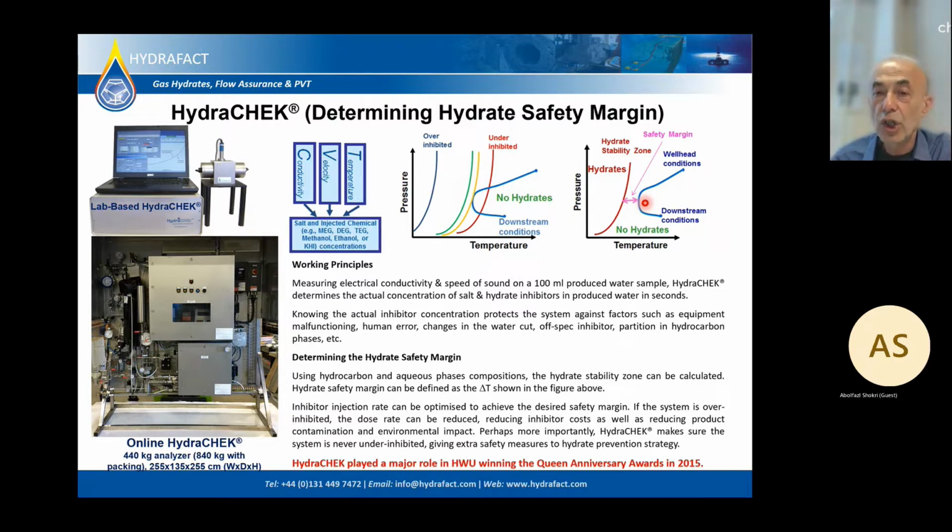Then we can adjust the amount of inhibitor considering real reservoir condition, pipeline condition, and temperature of the pipeline. So we can optimize the amount of inhibitor.